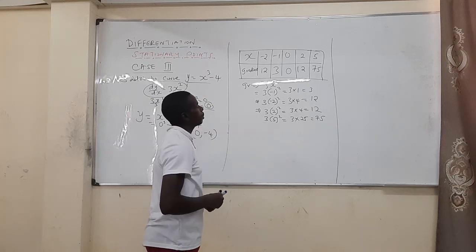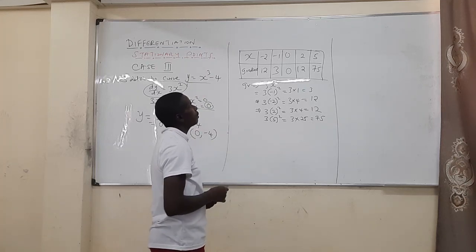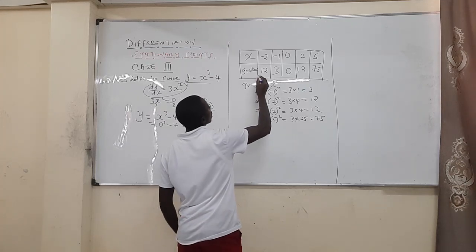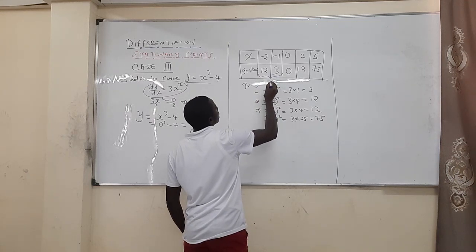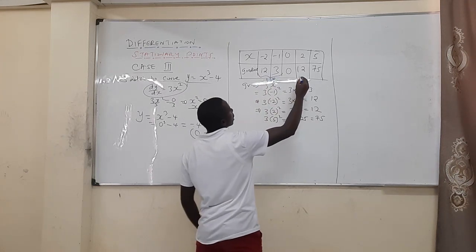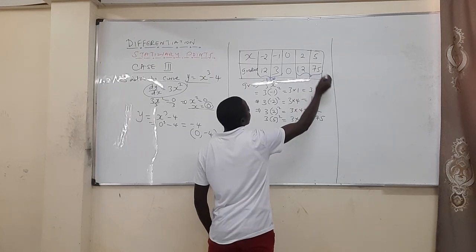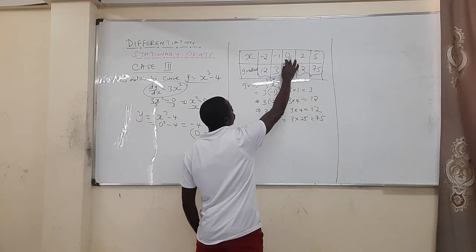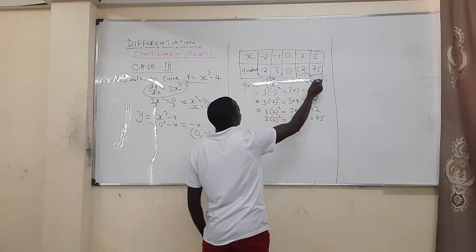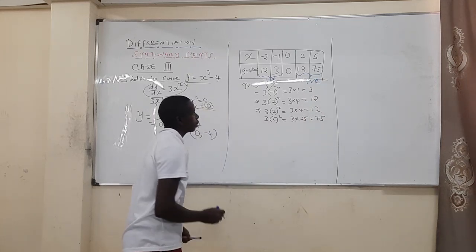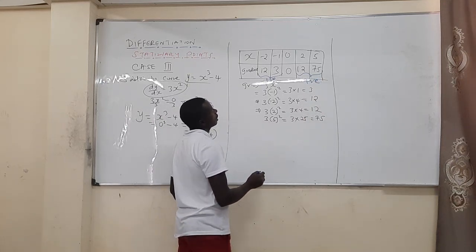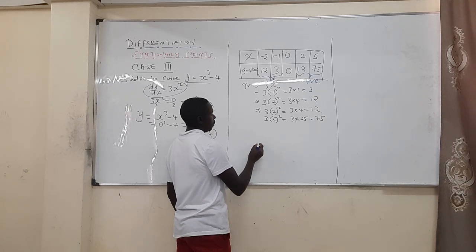So what you can observe here is that on the left-hand side of the stationary point, our gradient is positive, and on the right-hand side of the stationary point, the gradient is still positive. If we were to sketch that, the positive behaves like that.